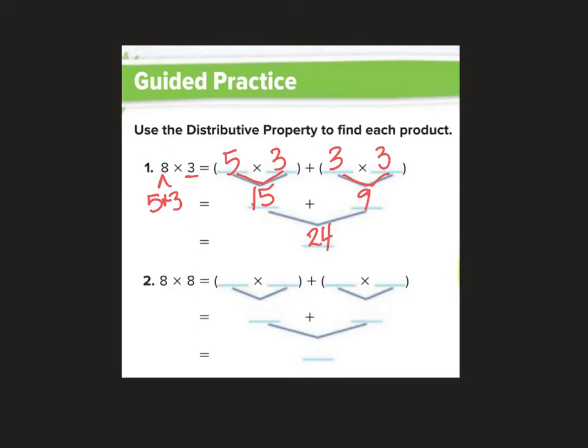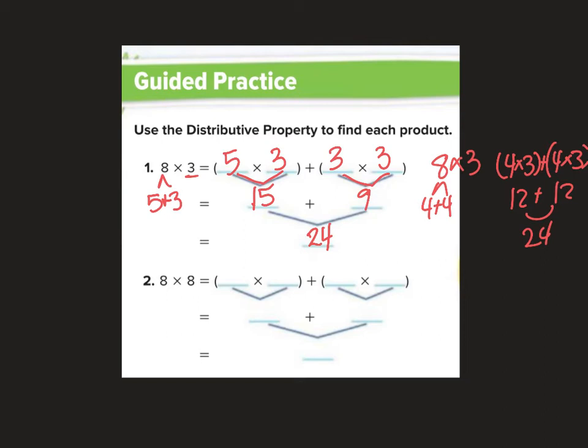Another option we could have done is if we took 8 and broke it into 4 plus 4, then we would have been doing 4 times 3 plus 4 times 3. So then we're just doubling, right? Maybe that would have been easier. 24. Either way, we get 24, right? So as long as we're doing things correctly and not getting our numbers mixed up, we're going to get the same answer, however you decide that you would like to split them.